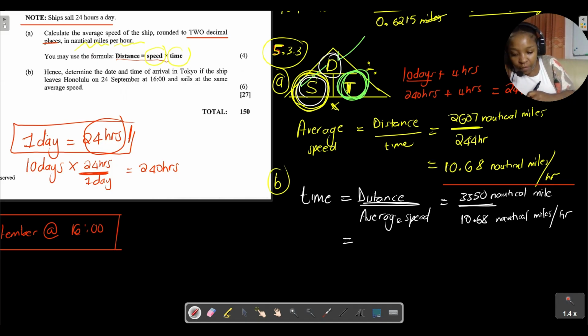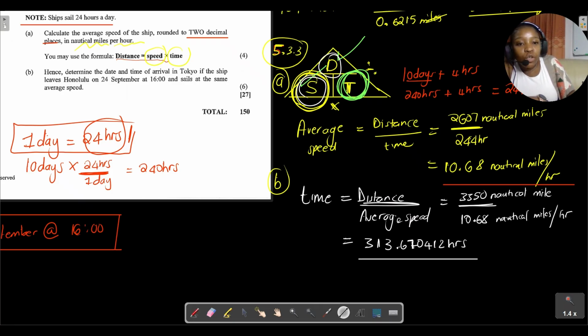So 3350 divided by 10.68, what do you get? 313.670412 hours. So that's how long it's going to take to travel from Honolulu to Tokyo.